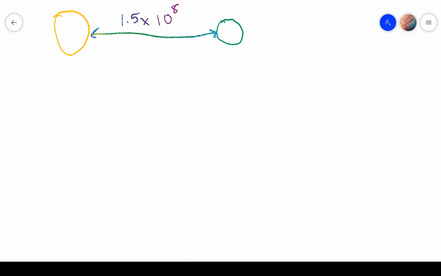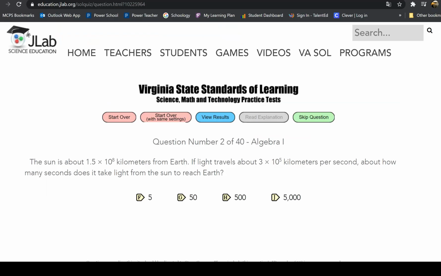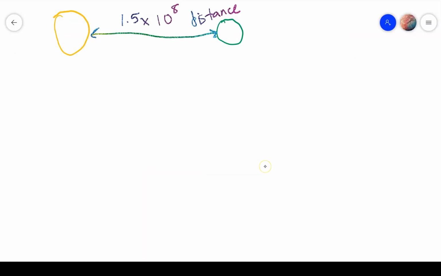Alright, so this is our distance, we said. Now our speed is 3 times 10 to the 5th kilometers per second.